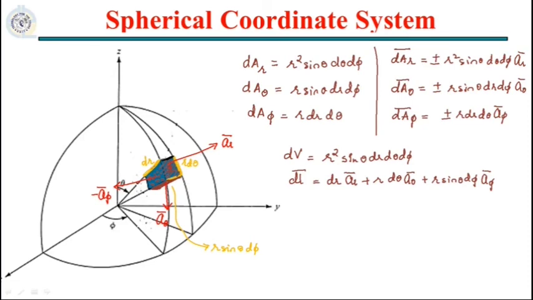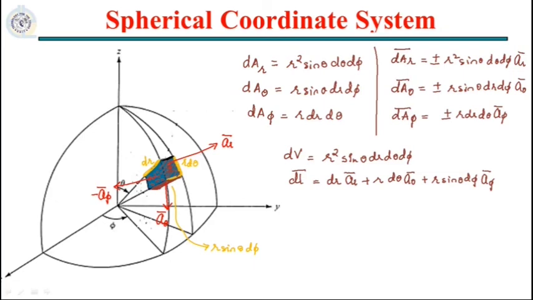Now with this we have completed understanding of the Cartesian, cylindrical and spherical coordinate systems. Now there may be a question that you may ask: is there a possibility that I can convert a parameter from one coordinate system to another? Yes, you can transform points.